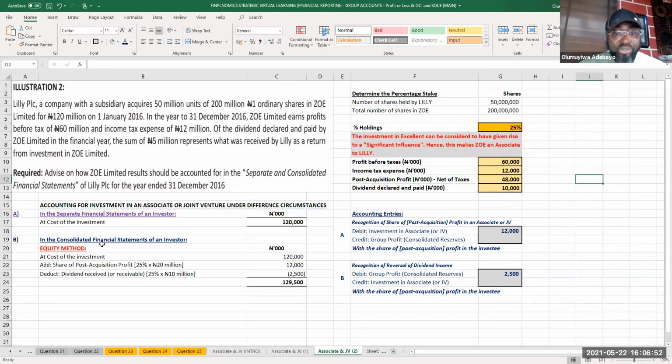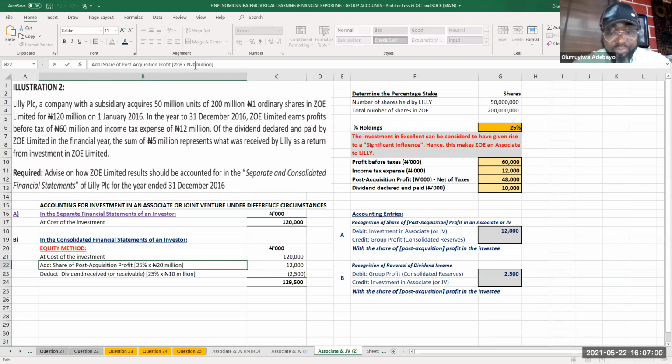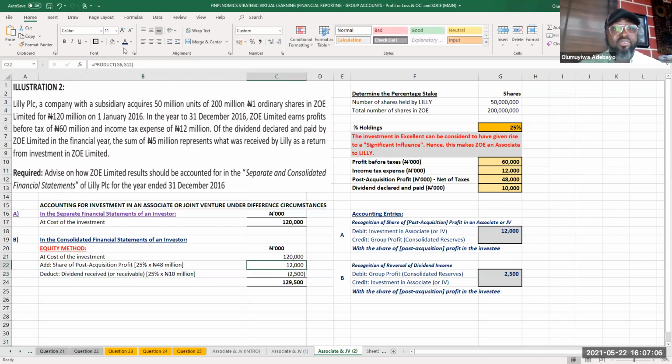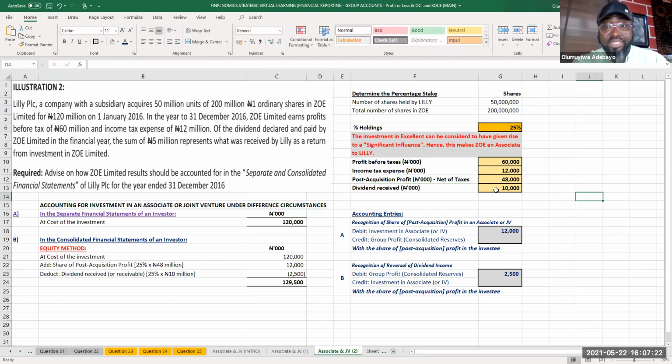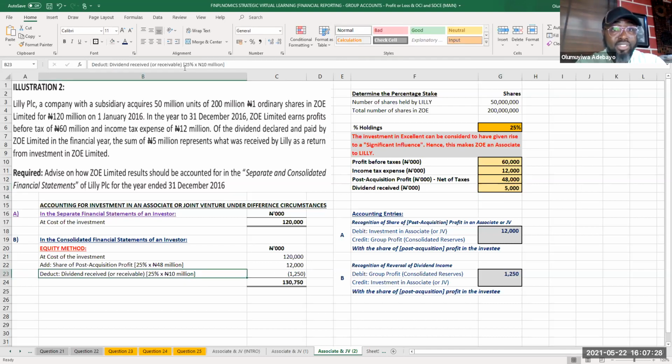Okay, what matters to us now is that we are recording 25% of 48 million, and that is 12 million from our formula here. And the amount of dividend received now is not declared or paid to us, but the actual amount received was 5 million. In that case, you are not looking for any percentage.